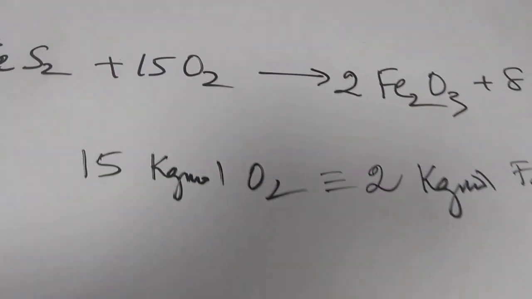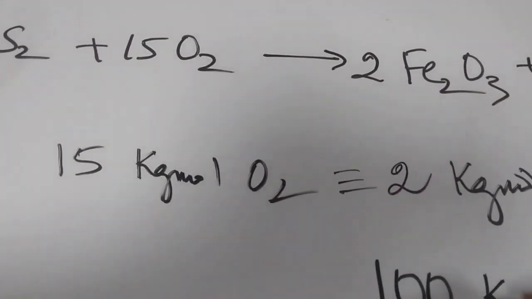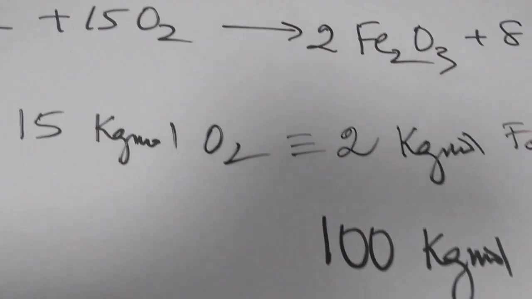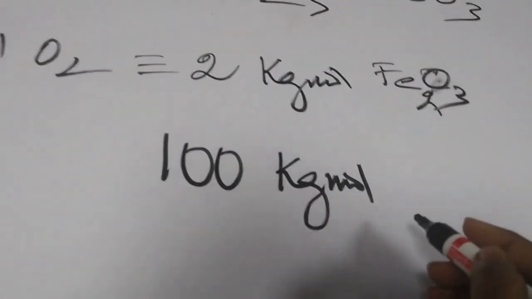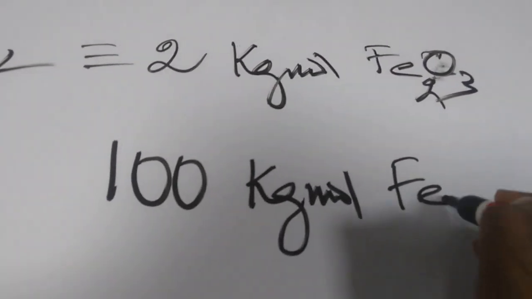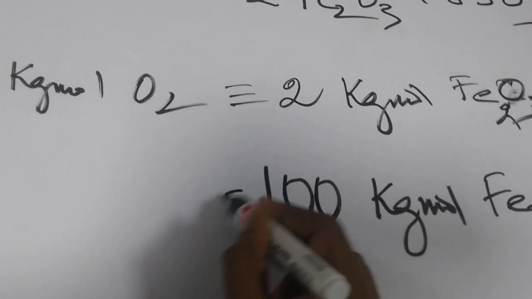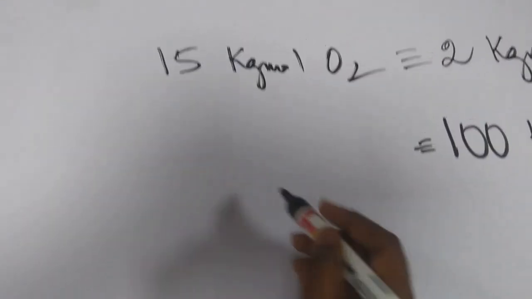In this problem, 100 kg moles of Fe2O3 is formed. So what is the corresponding oxygen requirement?